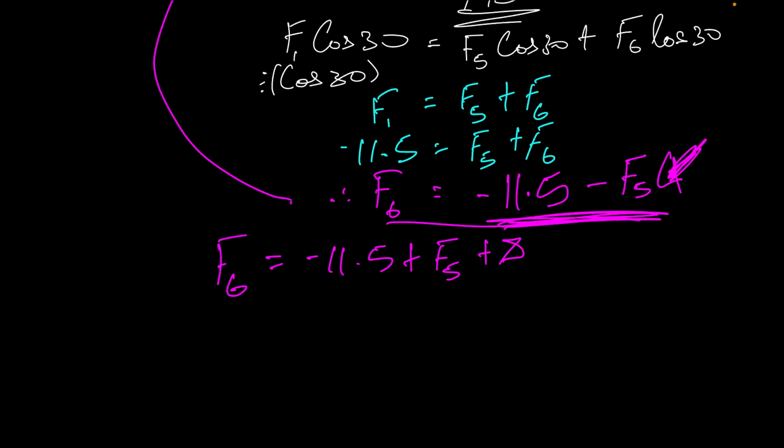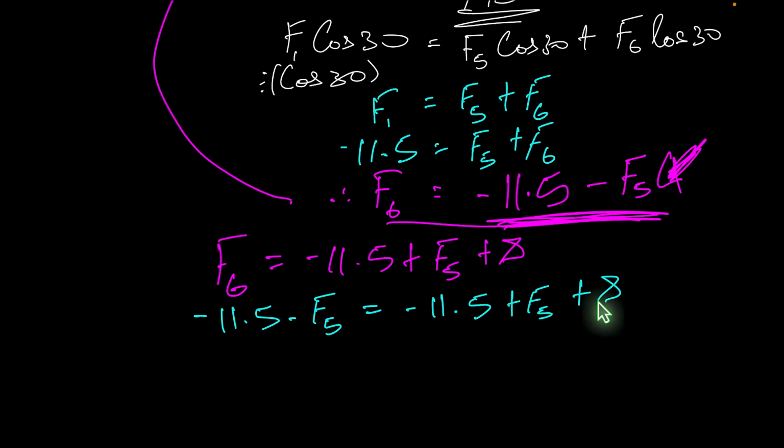We're substituting the value that we have here for F6. So when we substitute, we end up with negative 11.5 minus F5 there, and that will be equal to negative 11.5 plus F5 and plus 8.